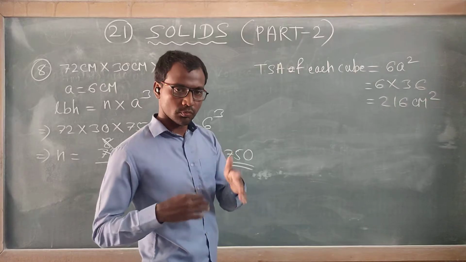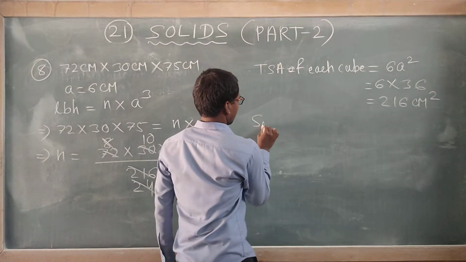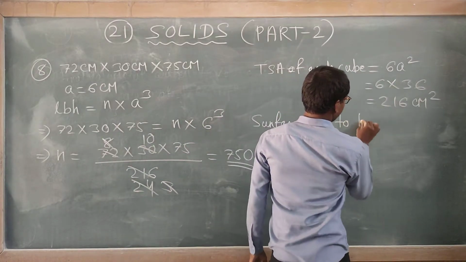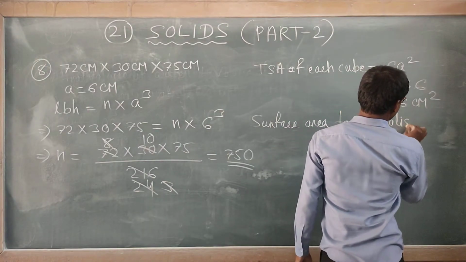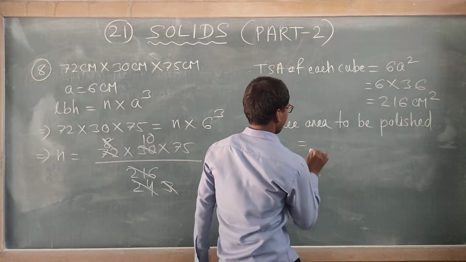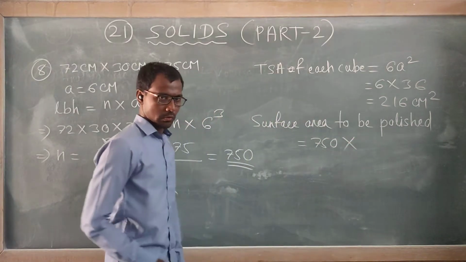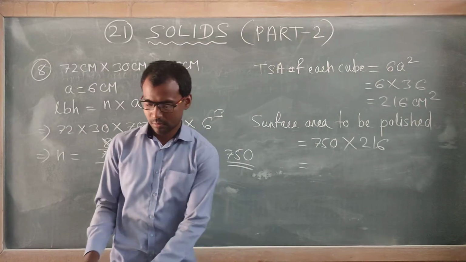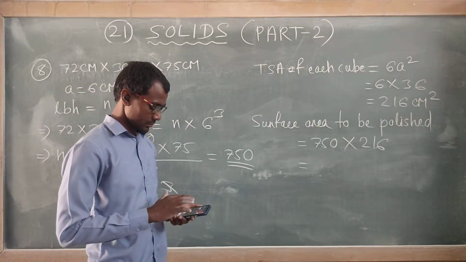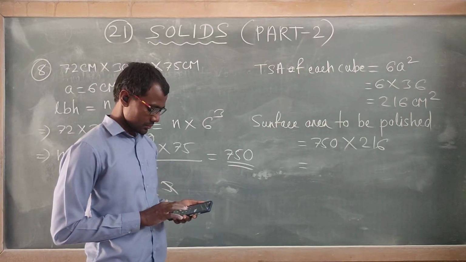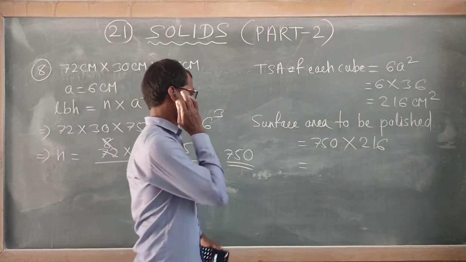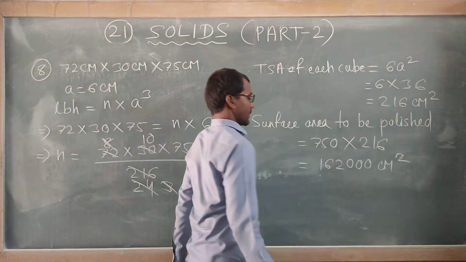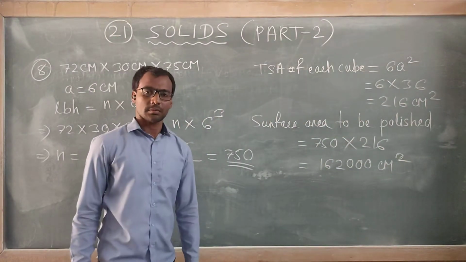So the total surface area to be polished is equal to 750 into 216, how many cubes are there, 750 into 216, which is 162,000 square cm. Okay, 162,000 square cm.